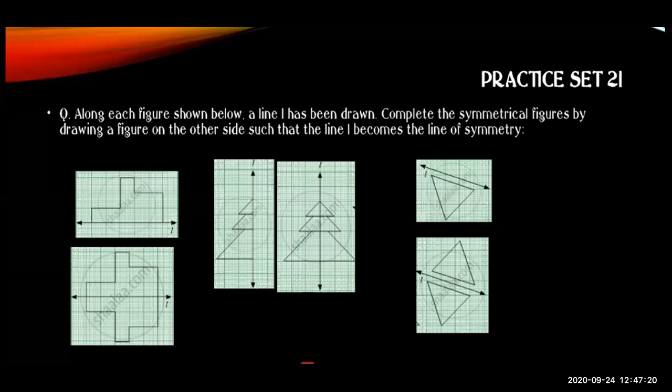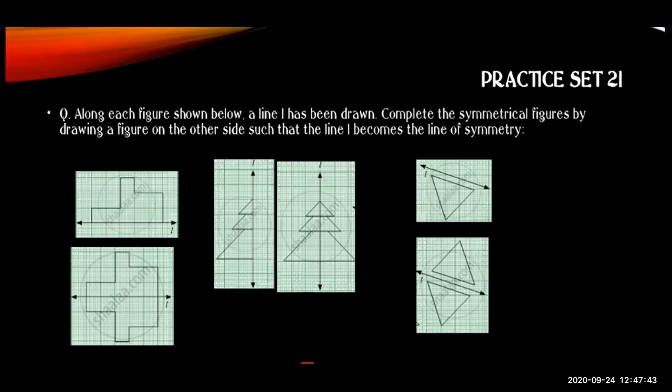The same shadow, or the same figure, you are going to draw on the other side, such that the line L becomes the line of symmetry.